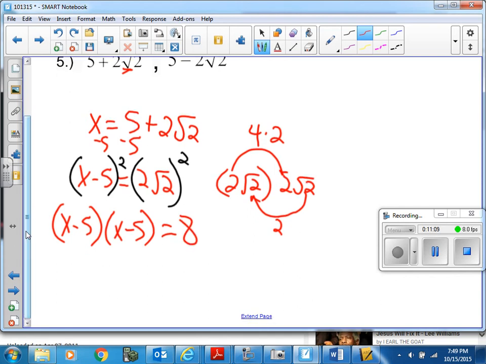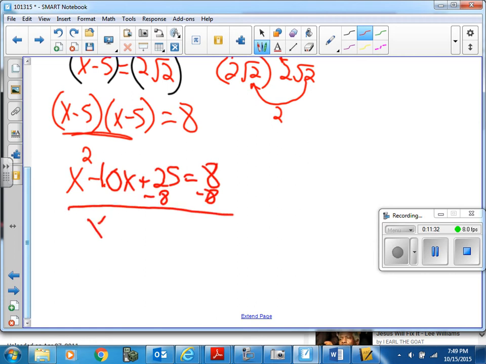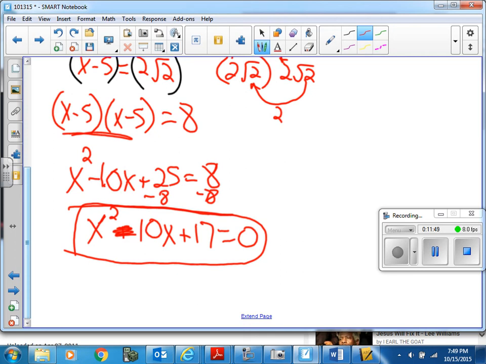All right, I'm going to go ahead and multiply this side out. That's going to give me x squared minus 10x plus 25 equals 8. And then I'm going to set it equal to 0, subtract 8, and I'm going to end up with x squared minus 10x plus 17 equals 0. And that actually will be my equation.